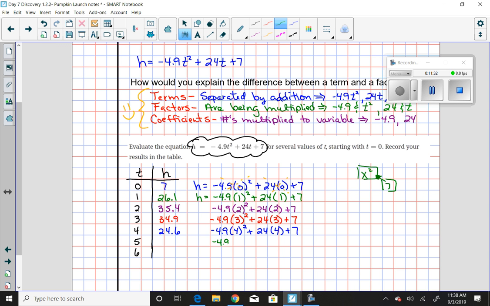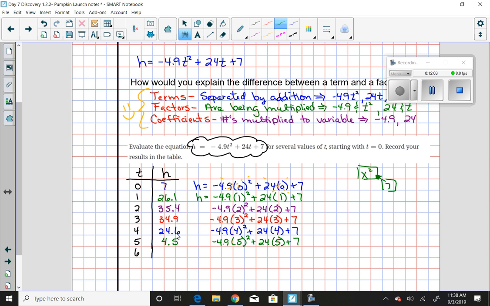Negative 4.9, parenthesis, 5, close the parenthesis, squared, plus 24, times 5, plus 7. And I get 4.5. So at this point, that pumpkin is about at the ceiling of this room. Remember, it left at the rooftop, and now it's at about the ceiling of this room. So it is definitely coming down.